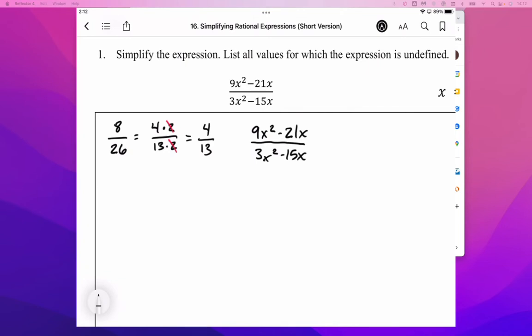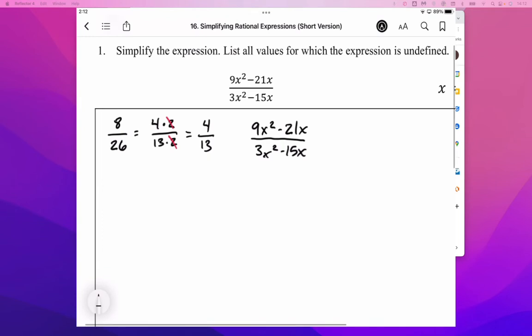We can't just start canceling things out of the numerator and denominator here unless we have things that are a factor, which is something that's being multiplied by something else that is exactly the same as what's in the numerator and denominator. And I hope what I'm saying will make more sense in a moment, but like 9 is not the same as 3, 21 is not the same as 5, etc.